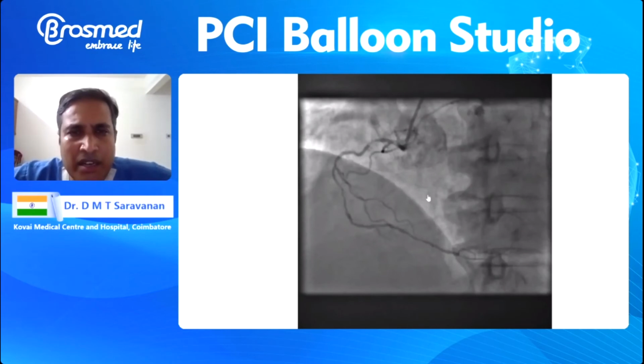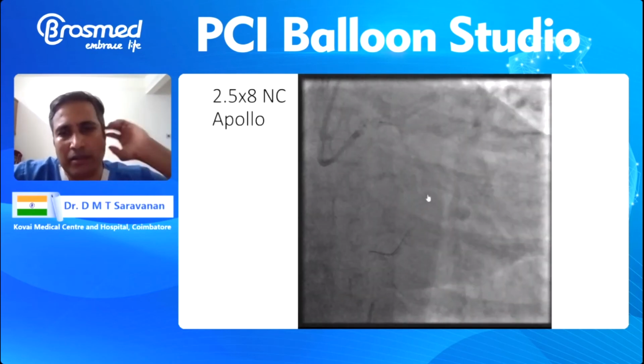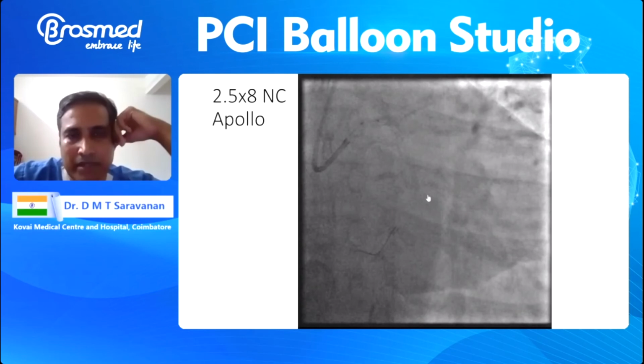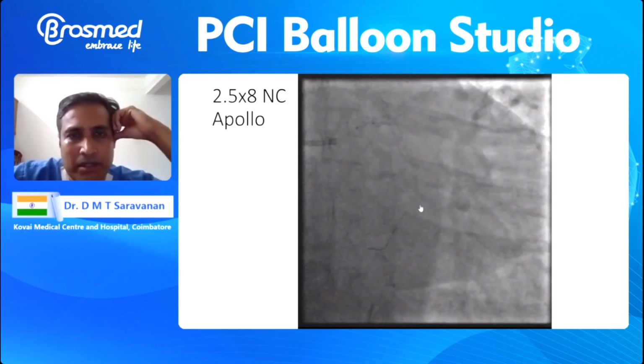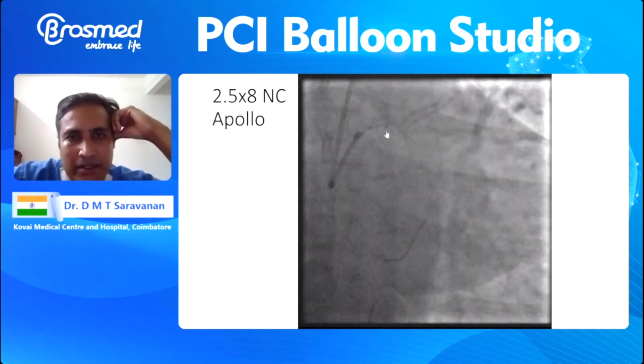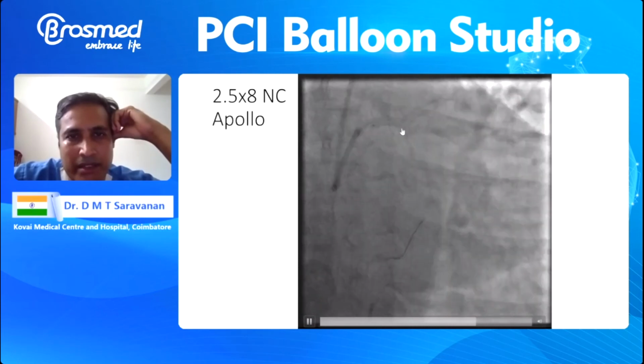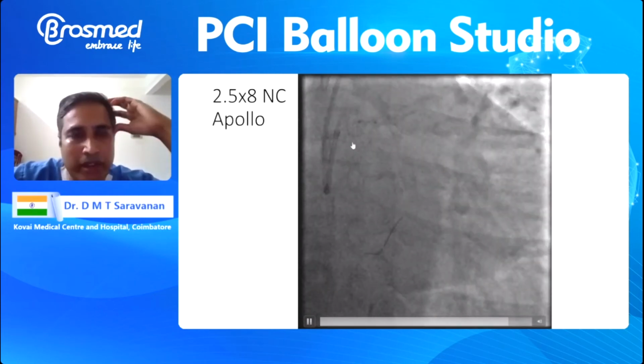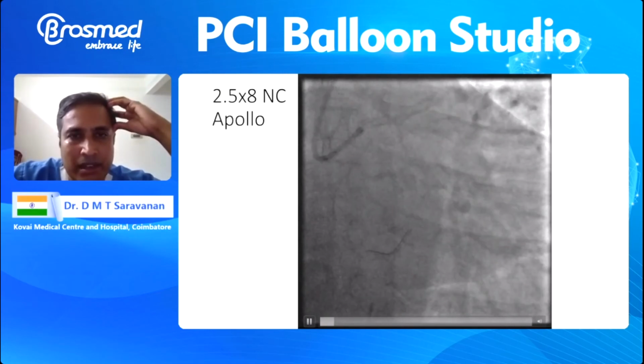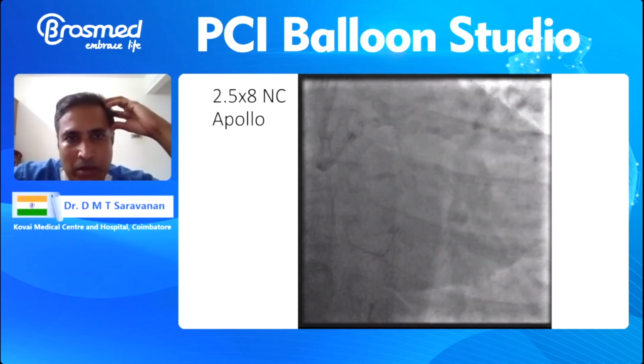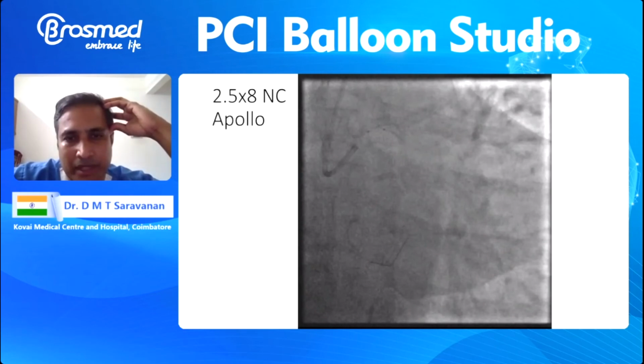So I tried, wiring was not an issue because the wire went in very easily. But I had difficulty just there because I could not even get there. It's just the angle. It was an SPB 3.5 backup guide catheter, and even a small balloon could not go in. That's the difficulty I was having there.